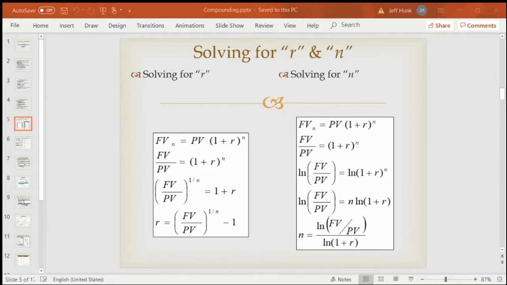Now, another possible question that can arise from that is, of course, what should be the rate? Of course, we discussed it in the last class, so we're not going to talk about it in detail.